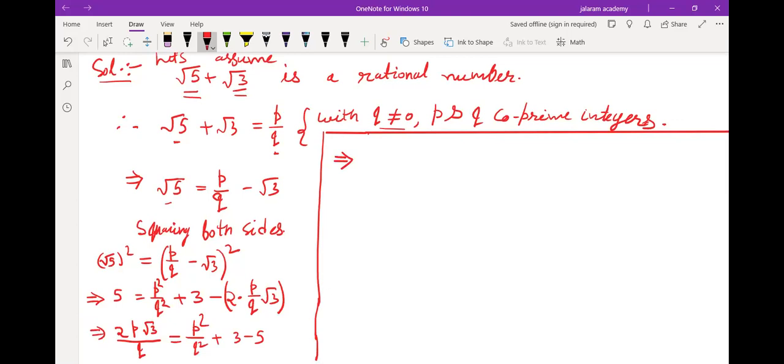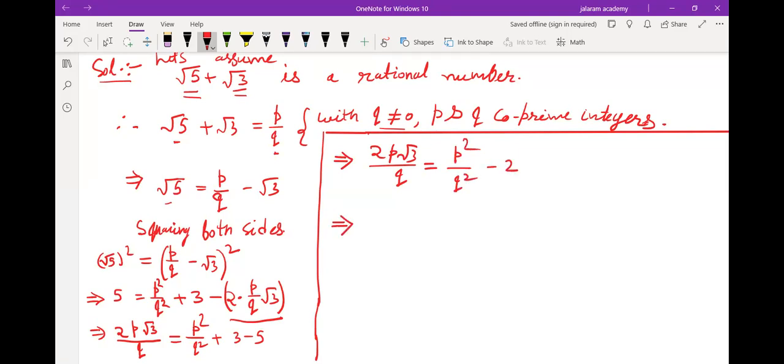It implies we get 2p root 3 by q equals p square by q square plus 3 minus 5, that is p square by q square minus 2.